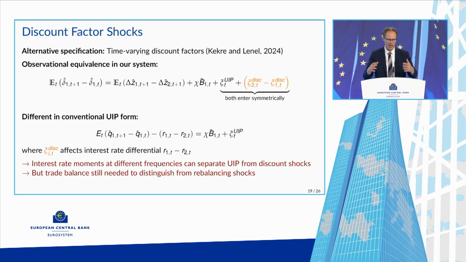There are some other dimensions where it's not isomorphic with the UIP shock, and that pertains to the forward premium puzzle, where the Kekre-Lenel shock is actually pushed more against the evidence in the forward premium puzzle, and would suggest much more of the interest rate differential as part of explaining the exchange rate. So they push it more towards 1 in that world. But in these 3 equations, it's isomorphic. So in particular, because it's isomorphic, it's not going to say anything new about the trade balance relative to the UIP shock. It's going to have the same pathologies as the UIP shock in this world.